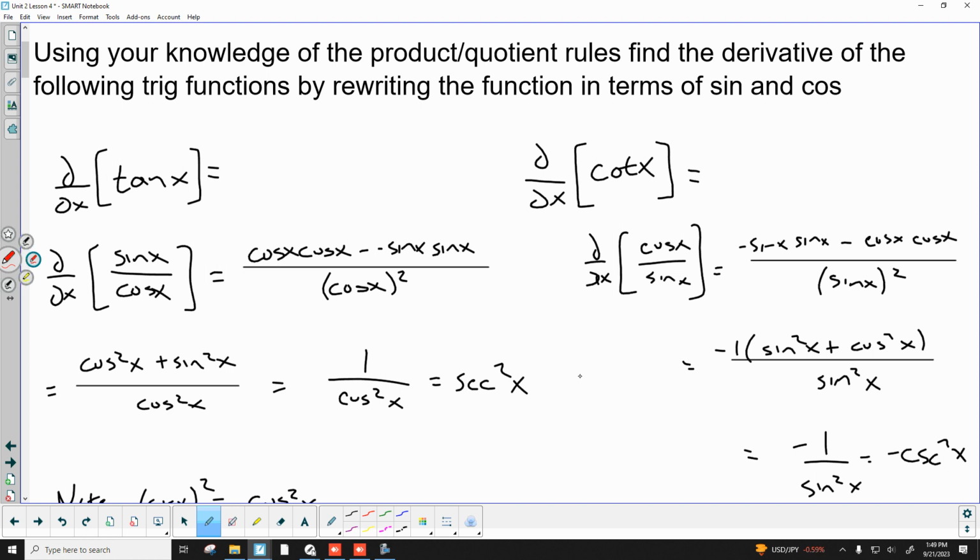But you're not going to remember this. You don't have to do this because after we've done it once, we don't have to do it again. You just have to write down and unfortunately know for the future that the slope of tangent is secant squared.